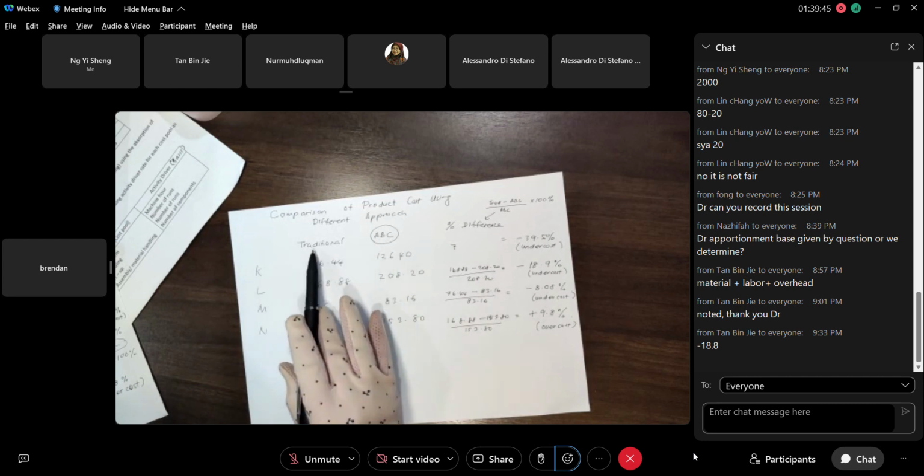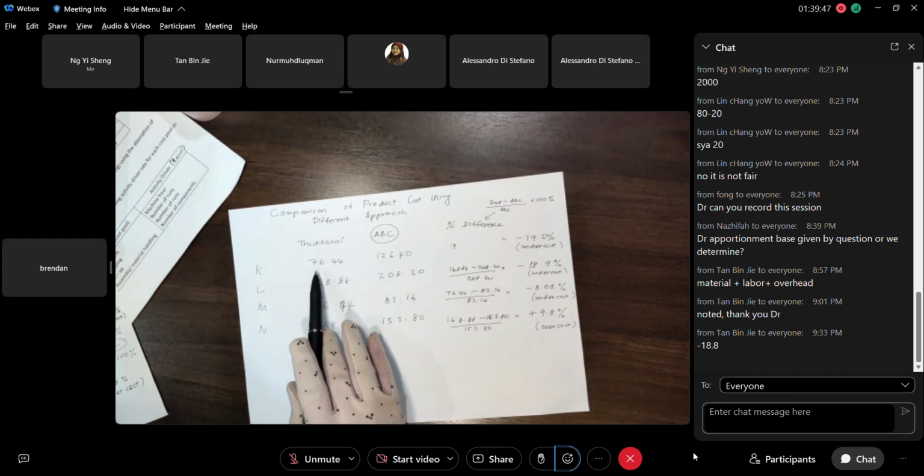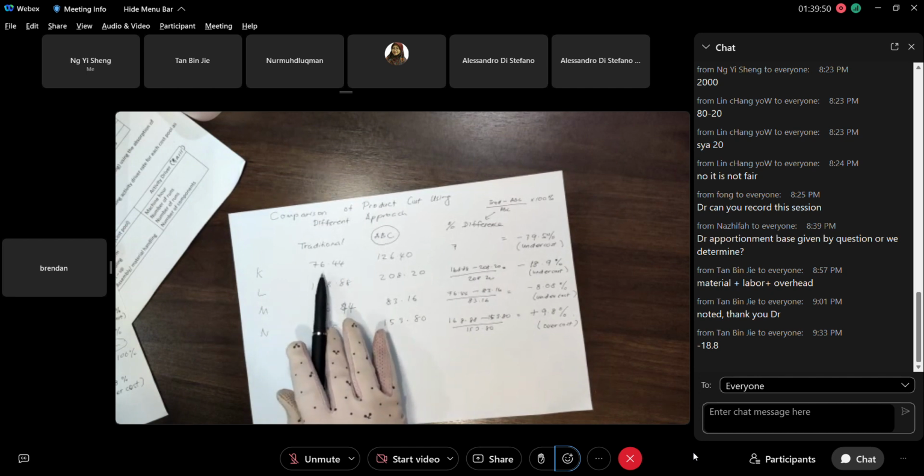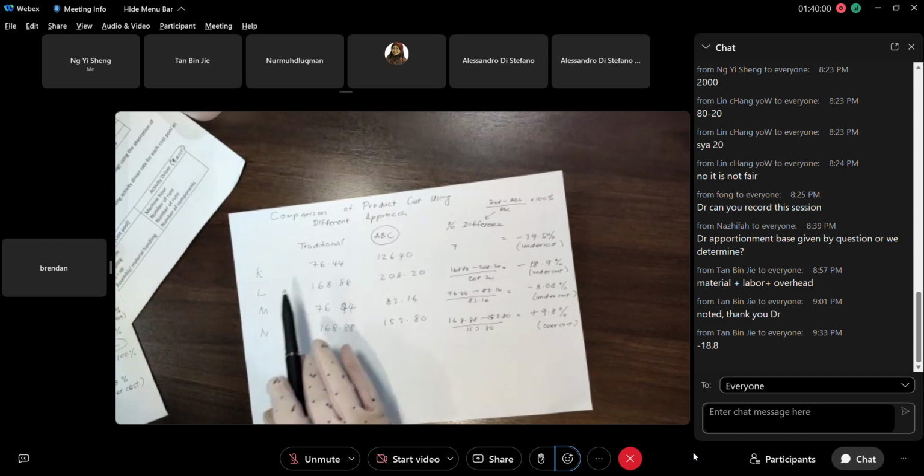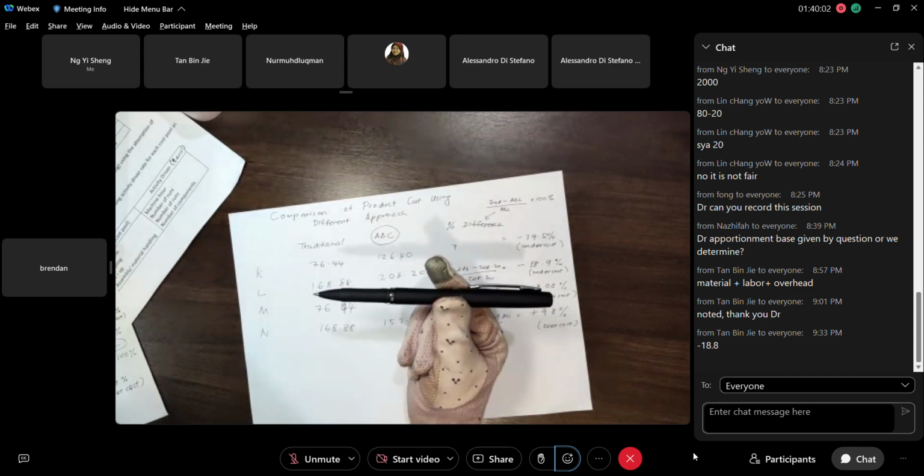But now by using the traditional cost, you just put the cost is 76. That means apa? Rugi ke untung? Customer untung, betul? Customer untung, produk ni harga dia 76.